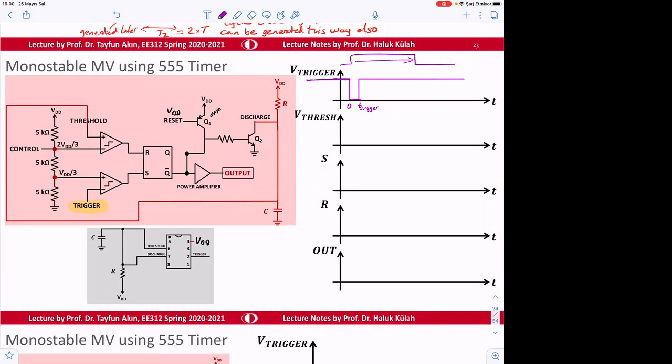And then this time should be equal to T, right? So that's the idea here. This can be going from high to low or low to high. I guess in this case, it goes from high to low. So in order to understand what the output was initially before trigger and the settled value, we can start analyzing the circuit.